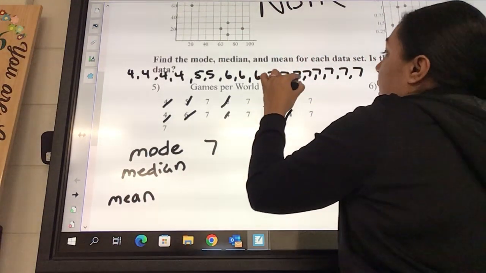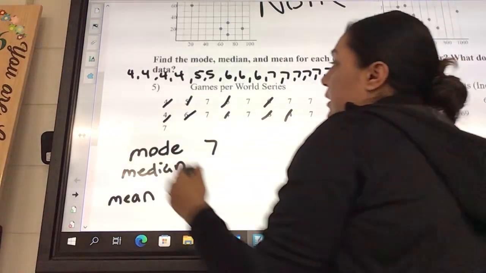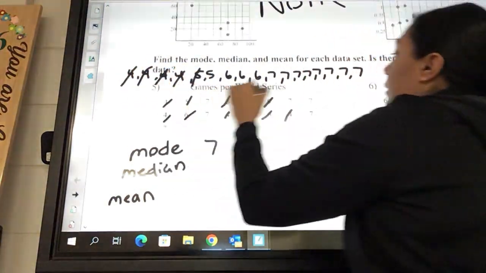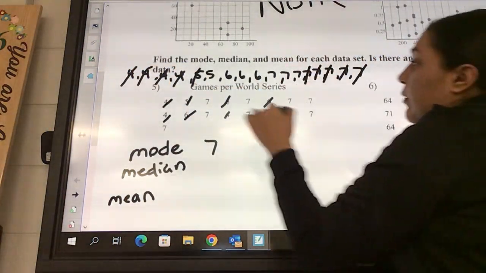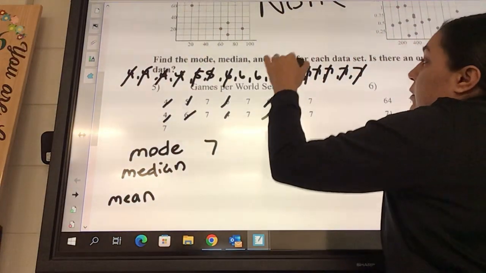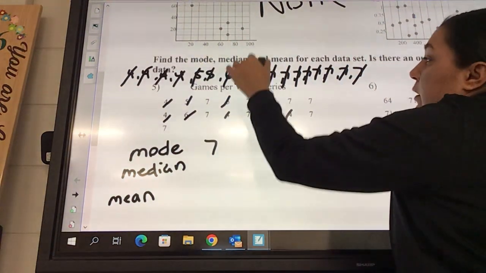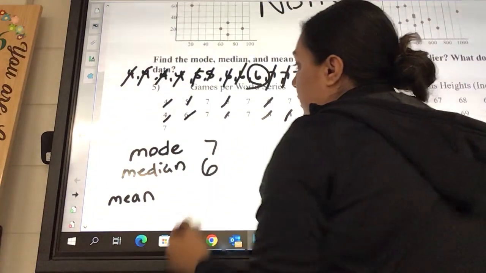Okay, so I got all these lined up, and then you can kind of start crossing out. So I got 1, 2, 3, 4, 5, 1, 2, 3, 4, 5, 1, 2, 1, 2, 1, 1. So my median is going to be 6.